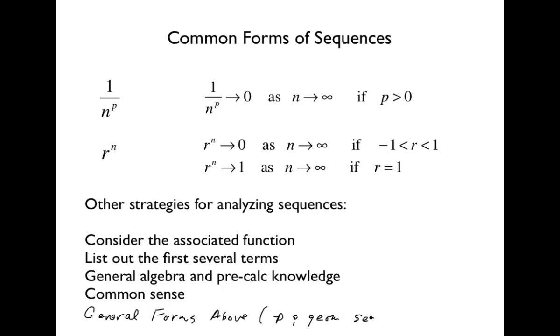So the first thing to do is to look for, do you have one of these two? Do you have one of these? And then apply what we know about those. If not, can we do some algebra to get it to be one of those forms? Or do we need to list out the first 6 terms and see what we have?